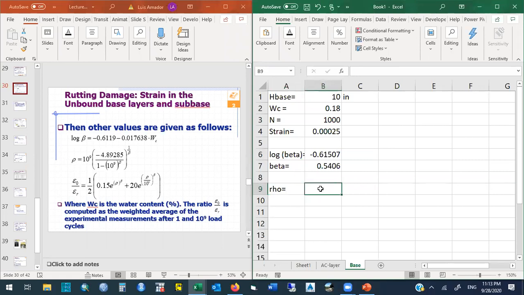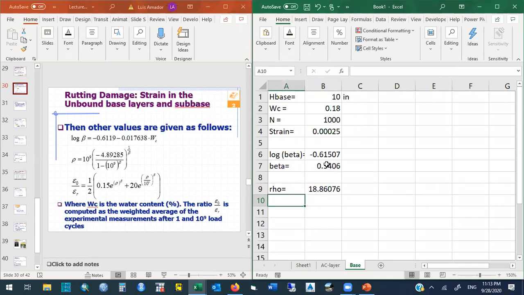It is 10 to the 9 times minus 4.9285 divided by 1 minus 10 to the 9 to the power of beta. That closed the denominator, that closed the entire expression, and I have an extra power of 1 over beta.